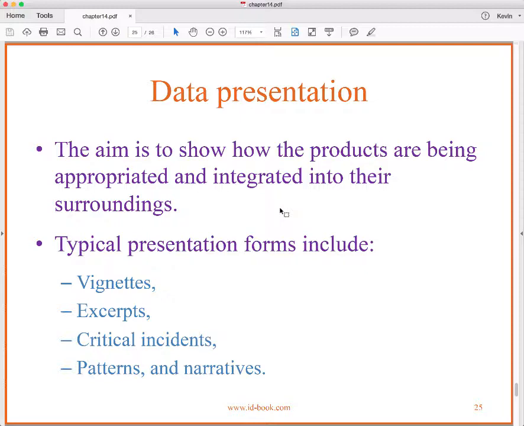Well, here, ideally, we're looking for people to take these products and really integrate them into their lives and exert some kind of ownership on them. So we're looking for appropriation in a positive sense, but it's really the same behavior.